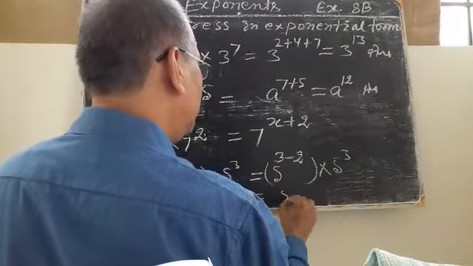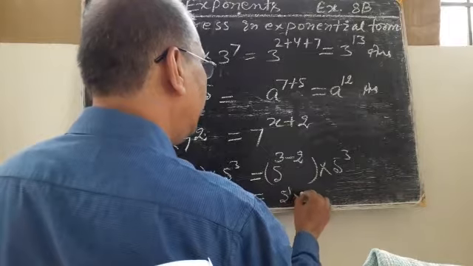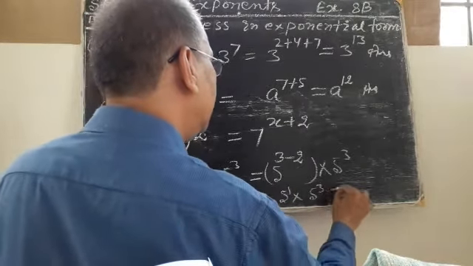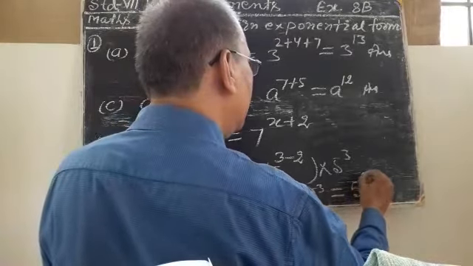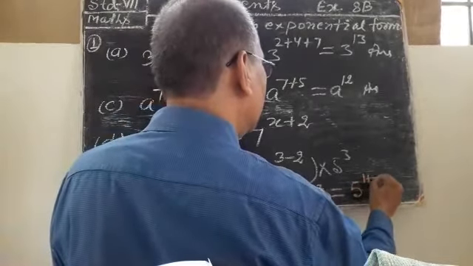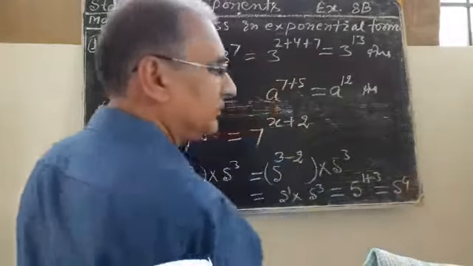This will be equal to 5 power 1 into 5 power 3, and the result is 5 power 1 plus 3, which is 5 power 4.